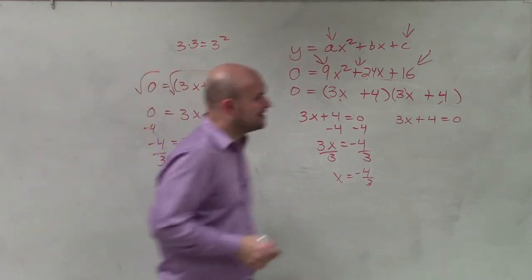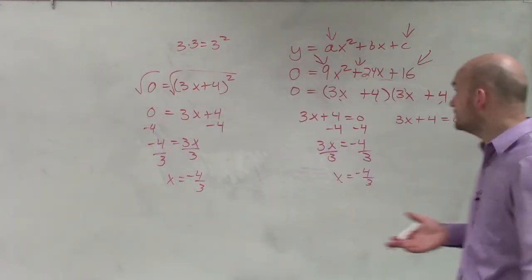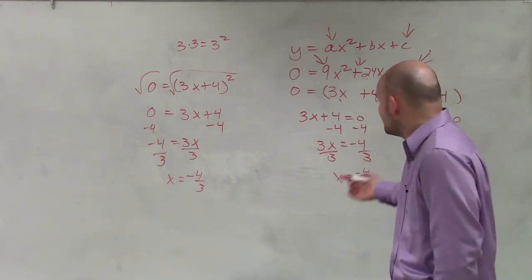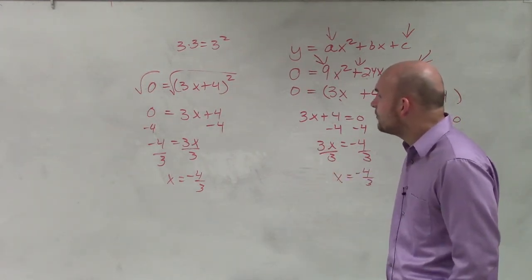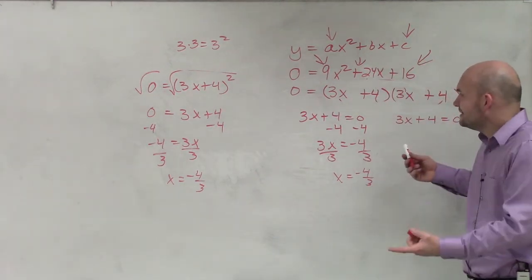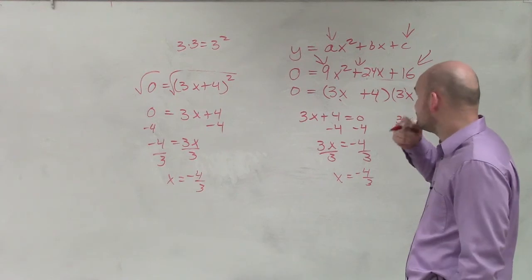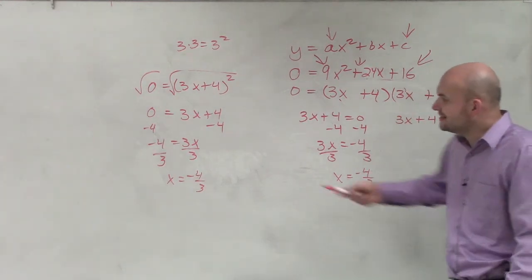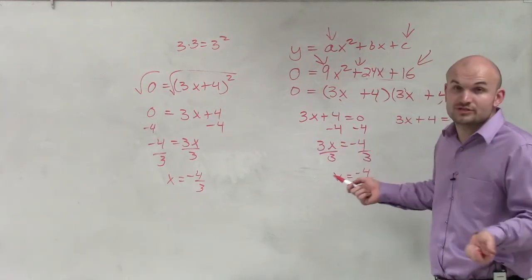So what you can see in this example is that you're just going to have one solution, x equals negative 4 divided by 3. It doesn't matter if there's 2 of them in this case, as far as solving goes, this is going to be our only solution.